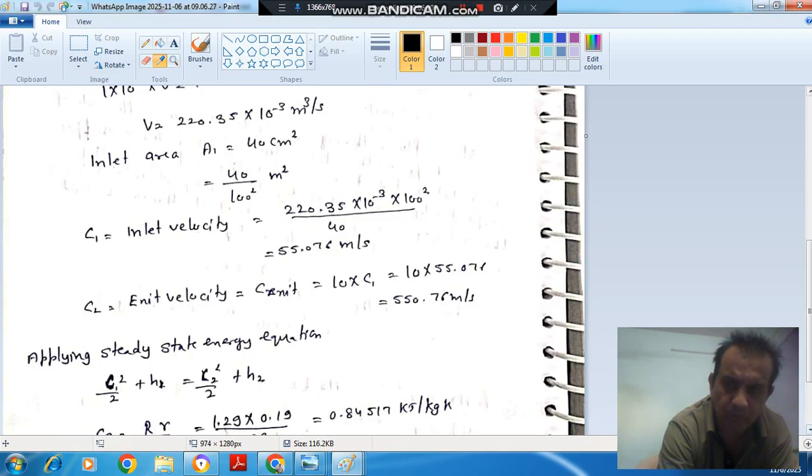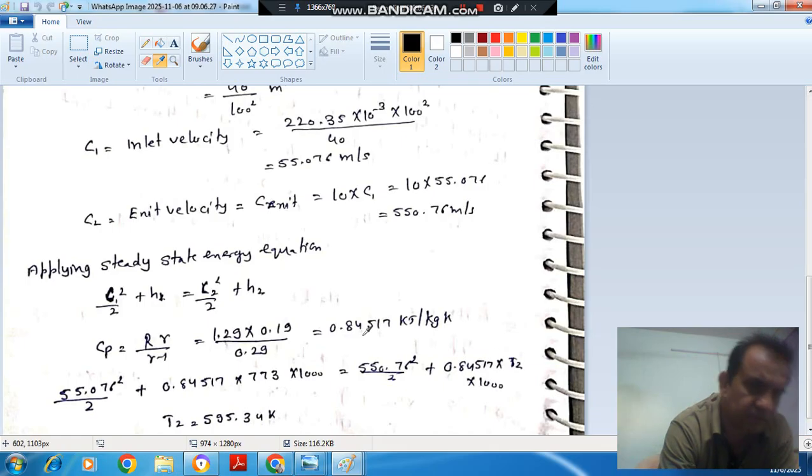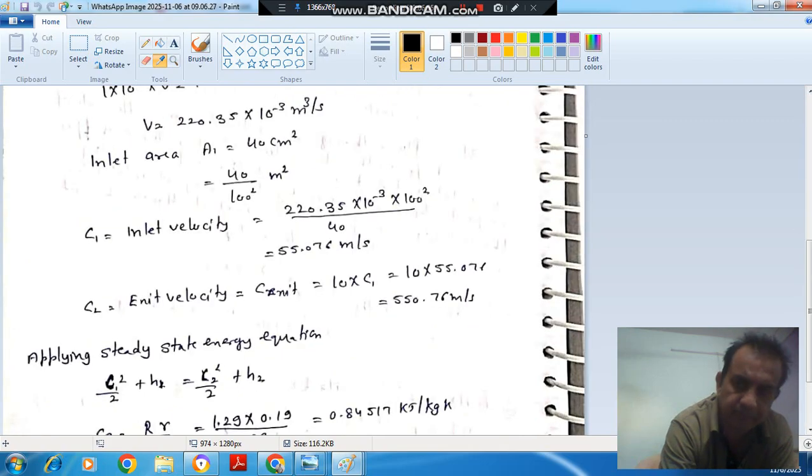So applying steady flow energy equation, no heat, no work done, the equation will have only the kinetic energy term plus the enthalpy term: C1 square by 2 plus H1 is equal to C2 square by 2 plus H2. Now to find H1 and H2 we need Cp, and the Cp formula is R gamma by gamma minus 1, where R is given as 0.19 and gamma is 1.29.